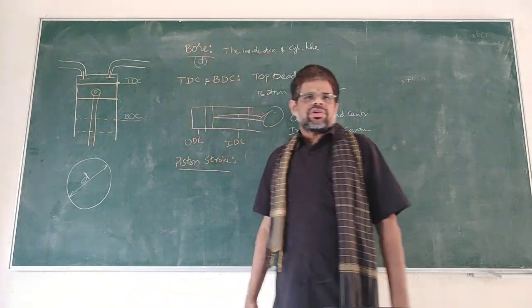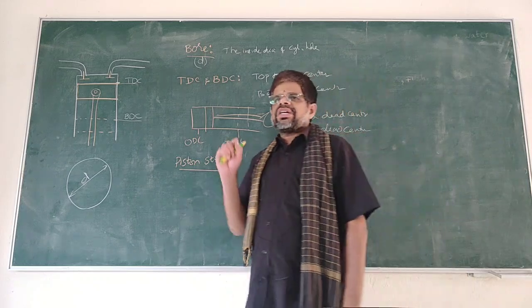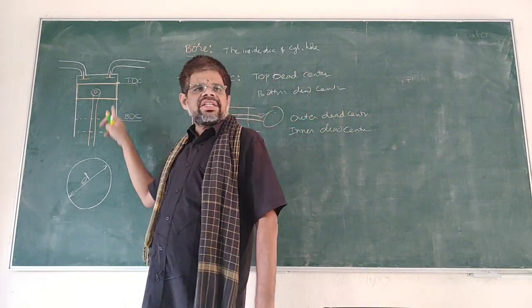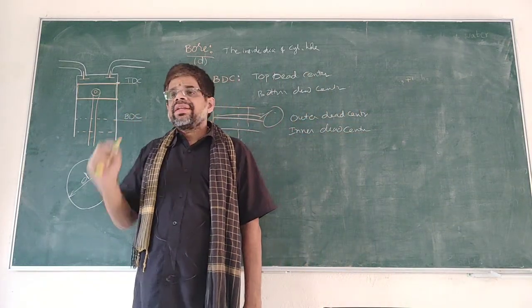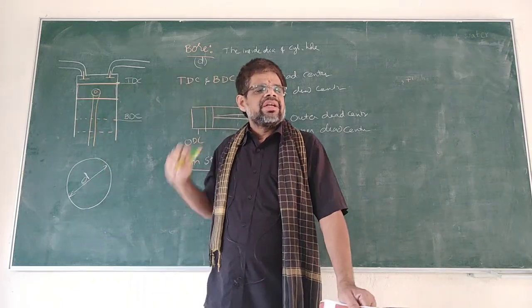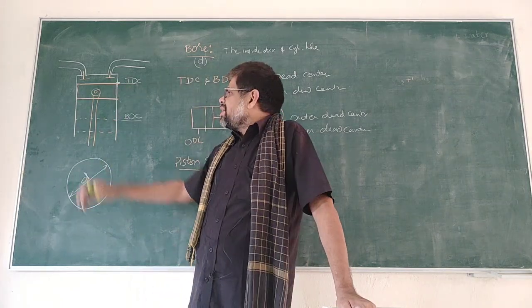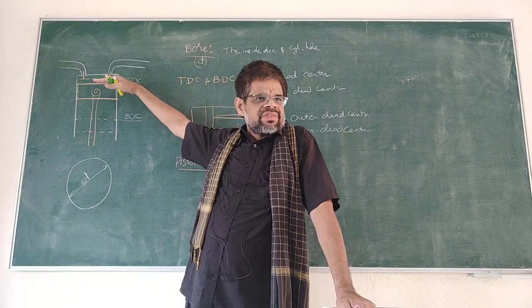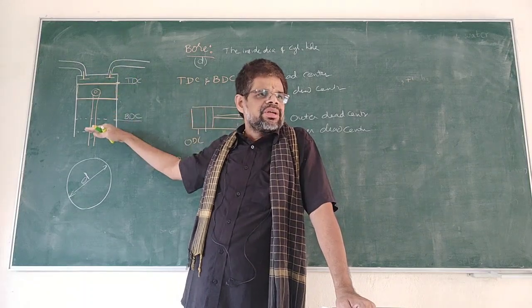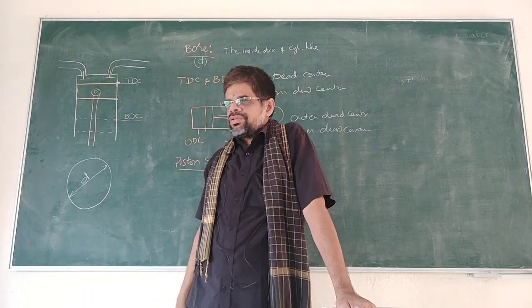Next, piston stroke. Here we know that the piston moves between TDC and BDC. It reciprocates between TDC and BDC. So what is the distance traveled by the piston when it is moving from TDC to BDC? That is called stroke.